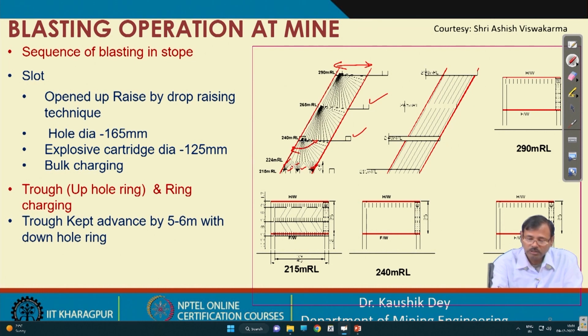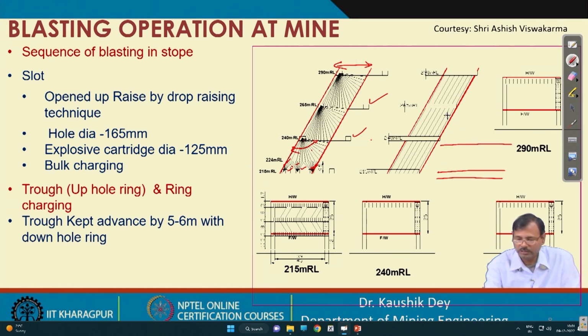So, this ring is basically allowing. First, this one is excavated. So, what will happen, if it is observed from this side, then this is the draw level, these are the sub levels.